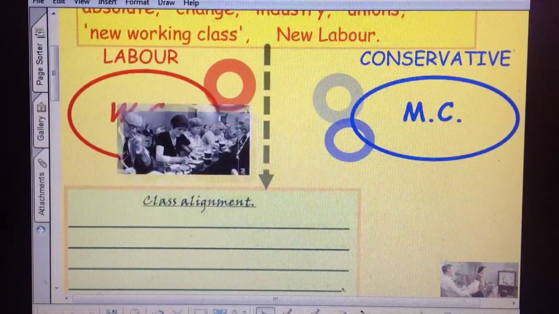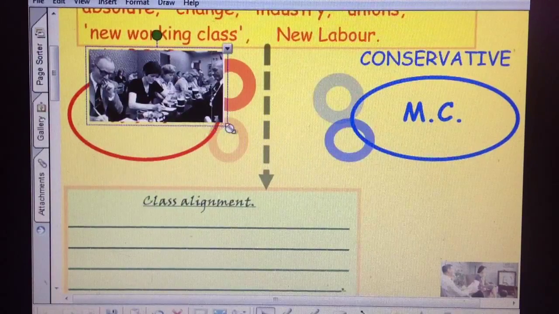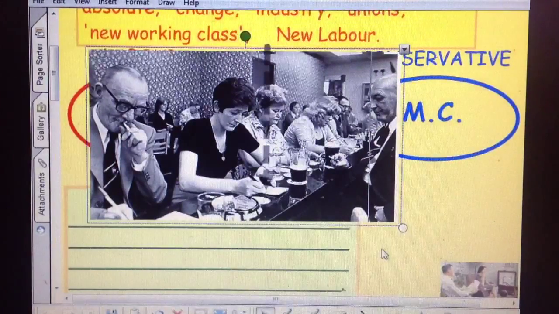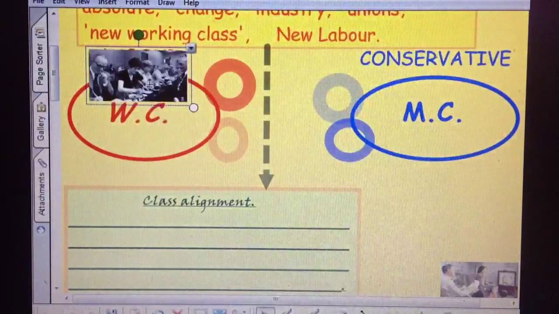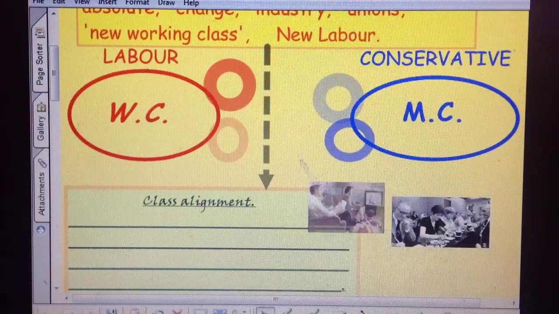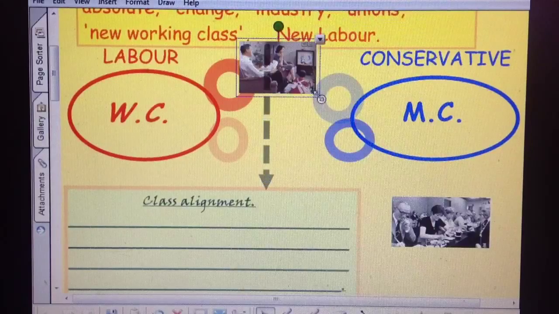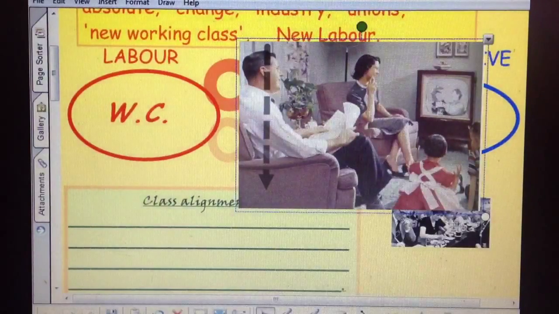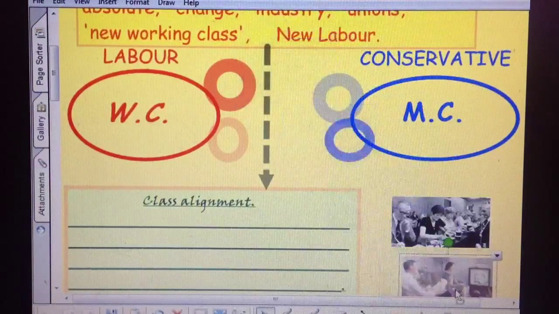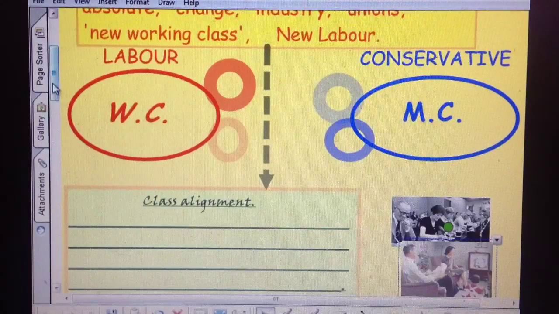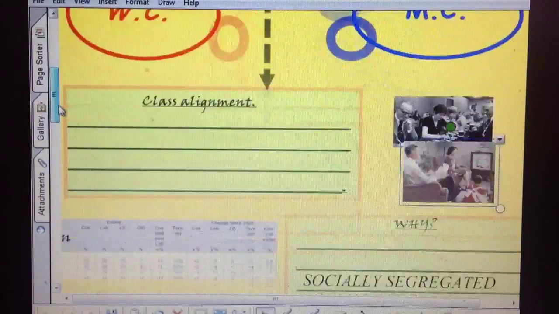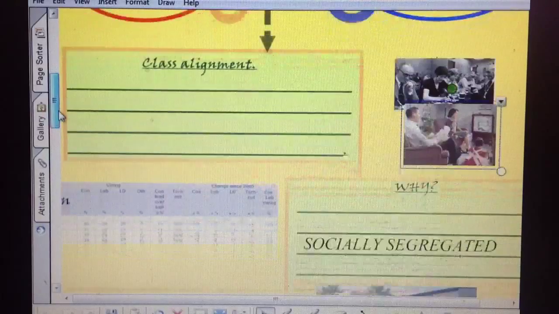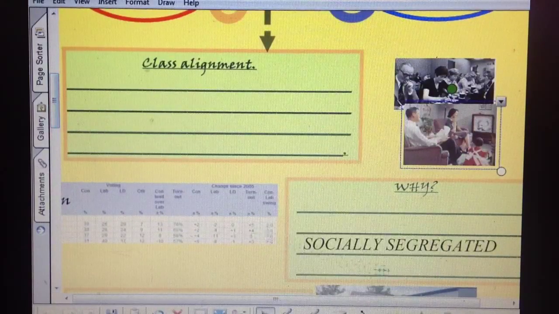So if you went to a Labour club, working class people, they'd vote Labour. The middle class, you could rely on them, these sorts of people, they're going to vote Conservative. That was how it used to be, maybe 30, 40, 50 years ago. Now, why is this? We think the reason is because people were socially segregated back then.